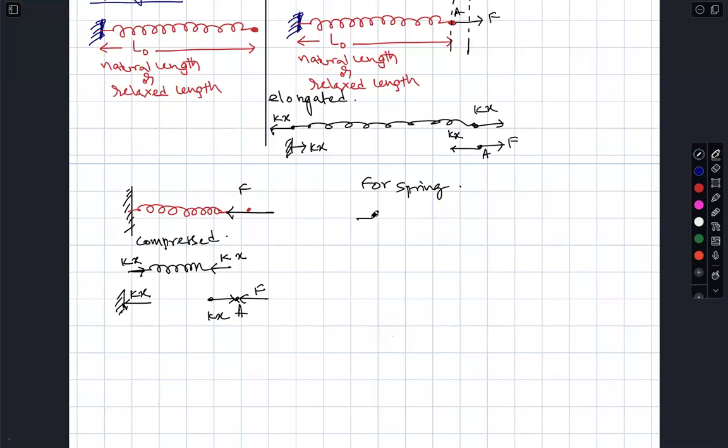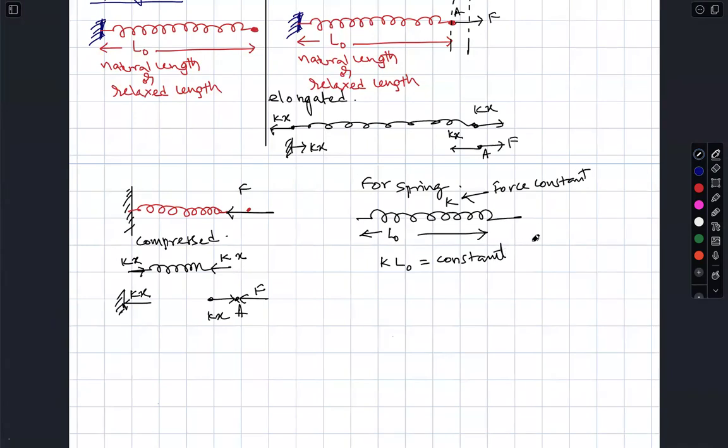For a spring, you need to remember one thing. You will call this the force constant of the spring. If it has a natural length, the general property of any spring satisfies this condition: K into L naught is a constant.